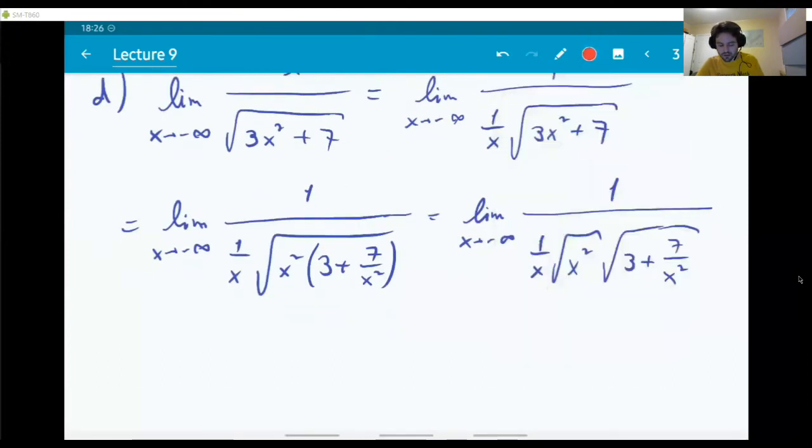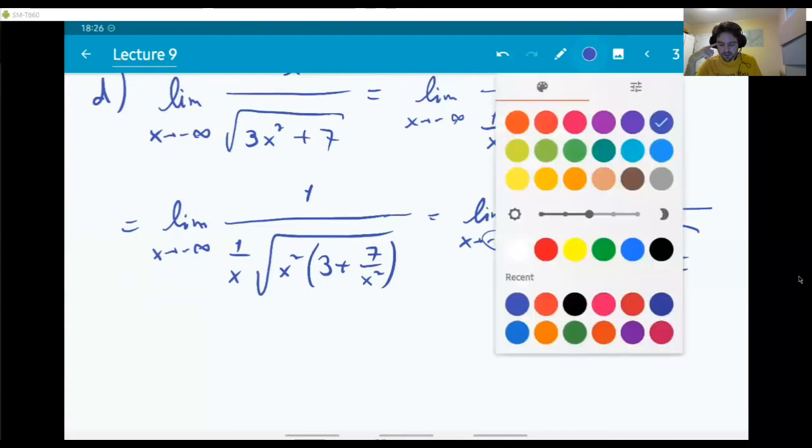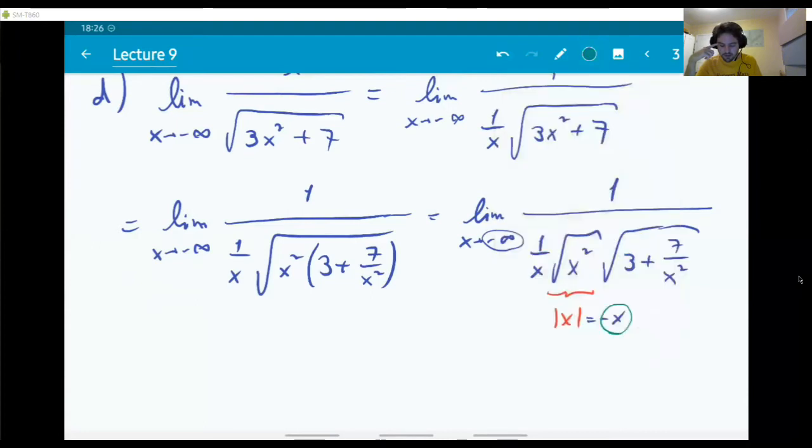Don't forget that, which means in this case, because x is going to negative infinity, x is a negative number. Absolute value of x is actually equal to minus x because x is negative, so then minus x is positive, right? And then this minus x divided by this other x in here, together they make a negative 1.